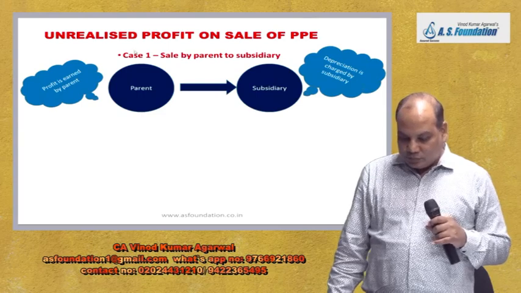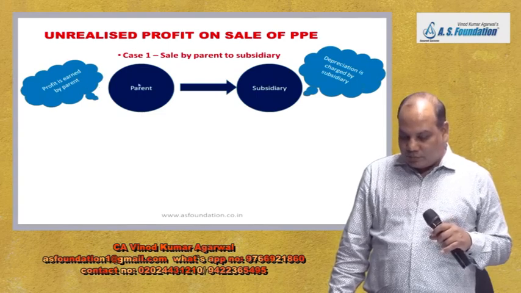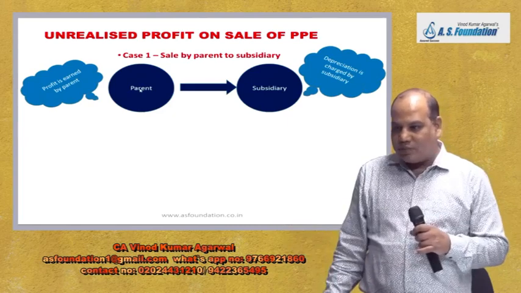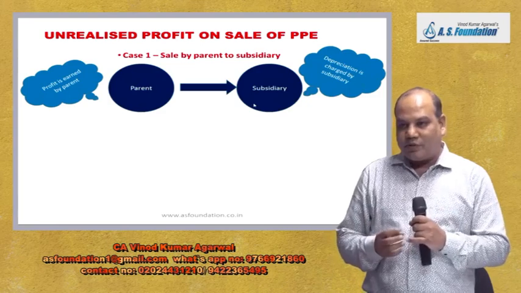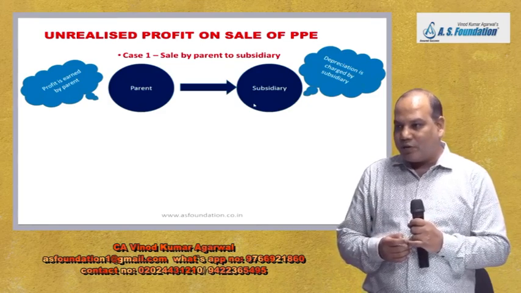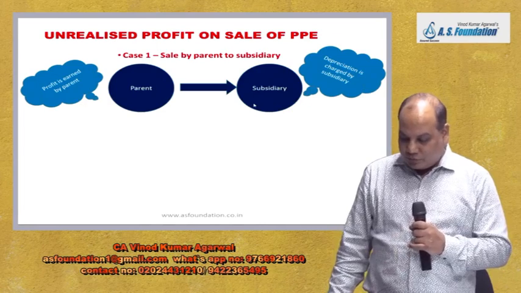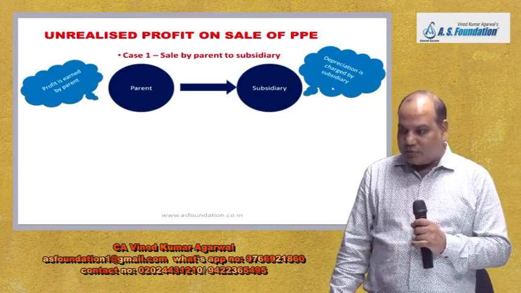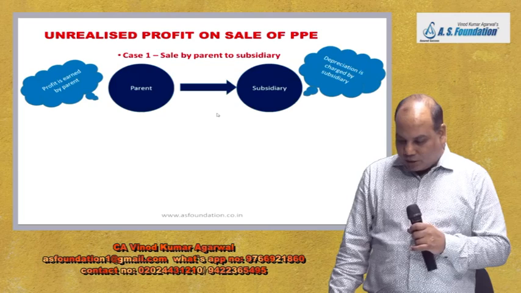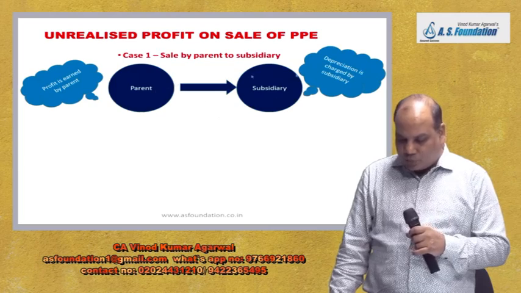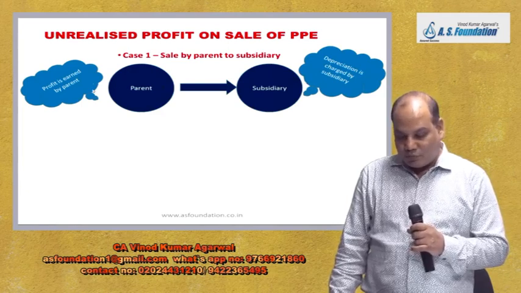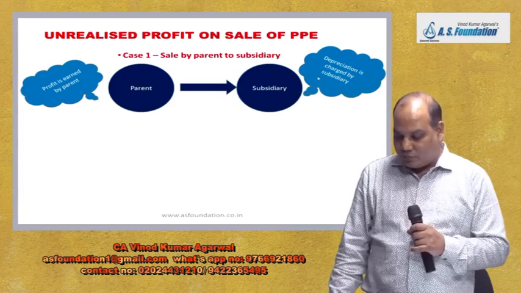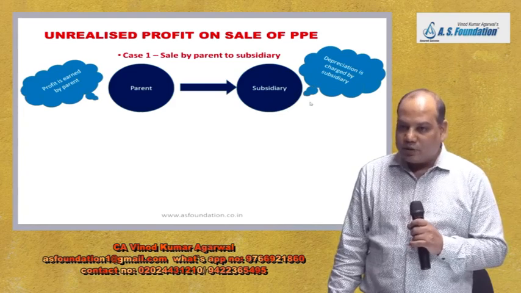One, profit is earned by parent and is included in that property, plant and equipment. Subsidiary has provided depreciation. So I have to give the effect of both these items. Parent company has earned the profit, that I will eliminate, and depreciation is charged by subsidiary, so we'll give the reverse effect of that also.